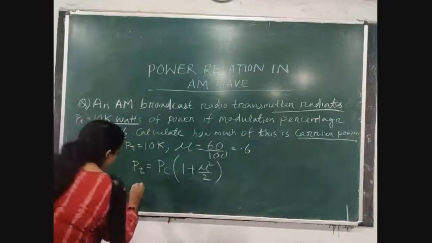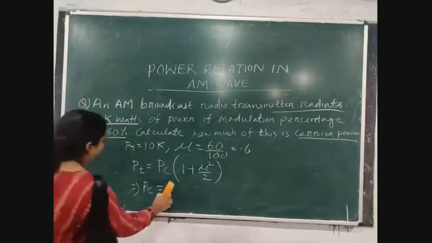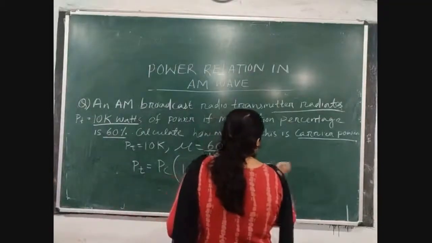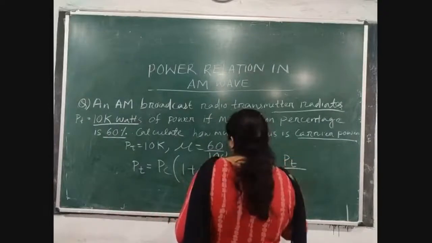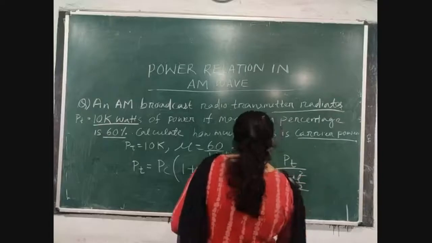Then PC equal to PT by 1 plus mu square by 2.